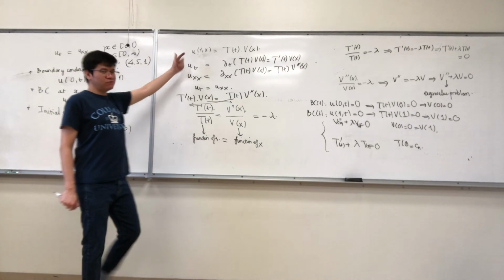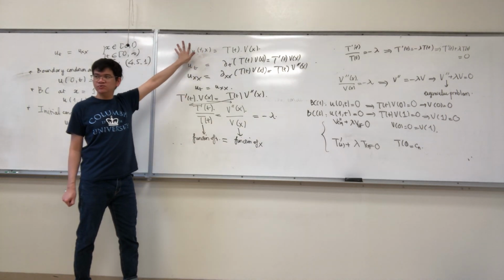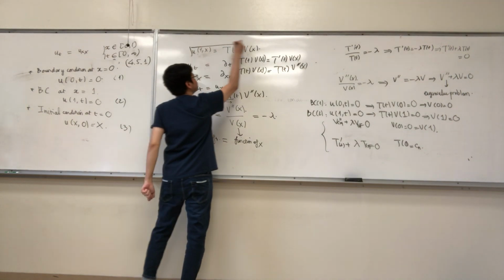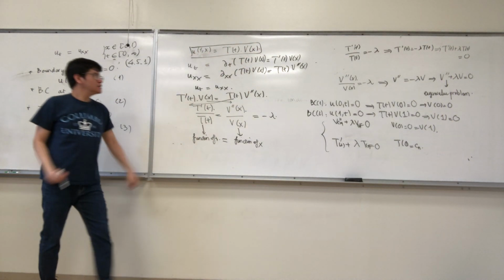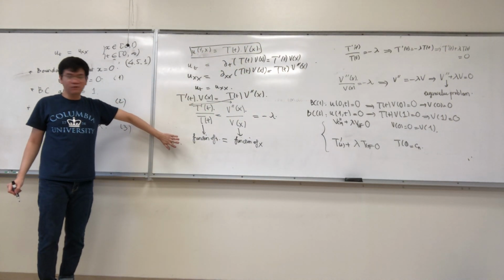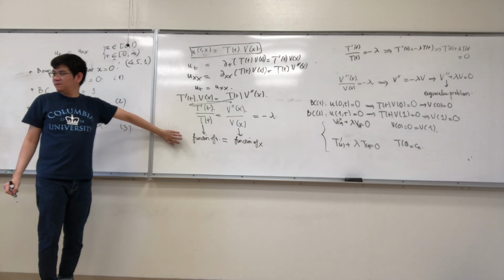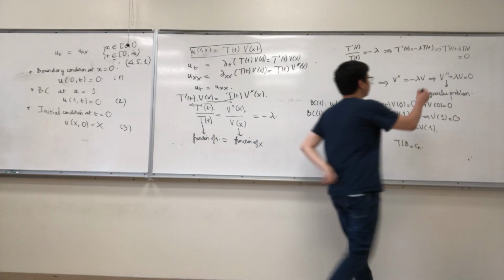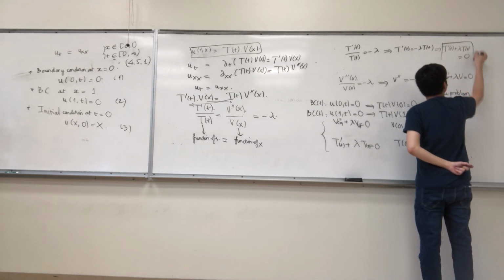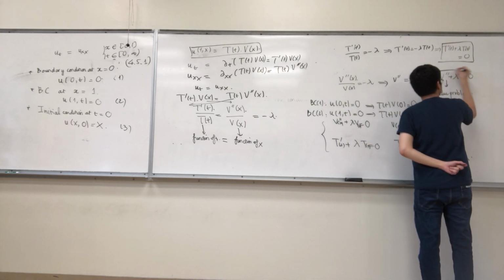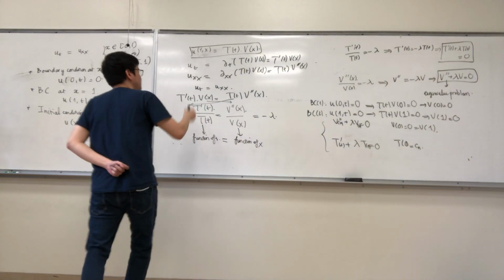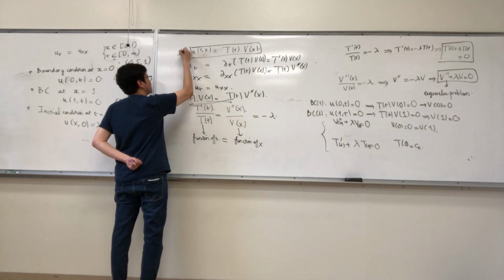So the first step is to split the solution into the product of T(t) times v(x). All right? When you plug everything into the equation, you're going to find two equations. The first one is the equation for T, and the second one is the equation for v. So this is the key step.